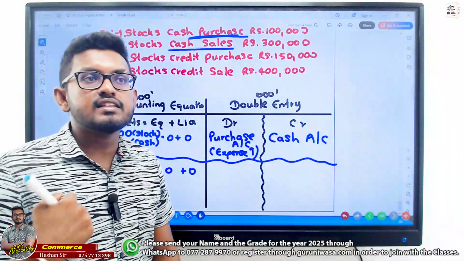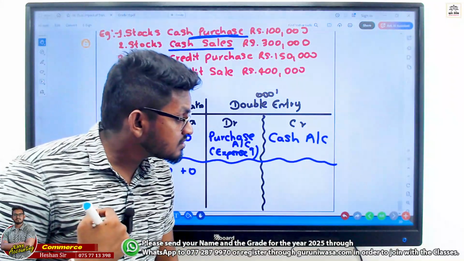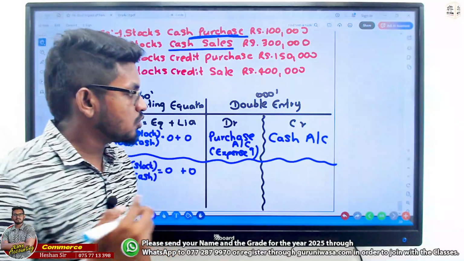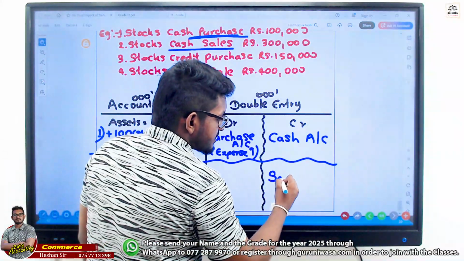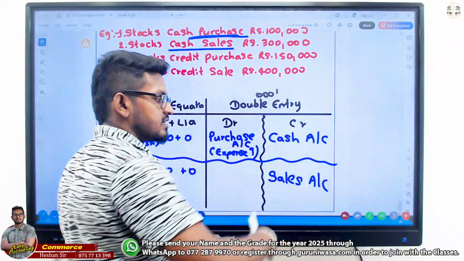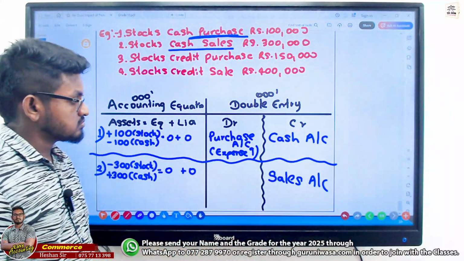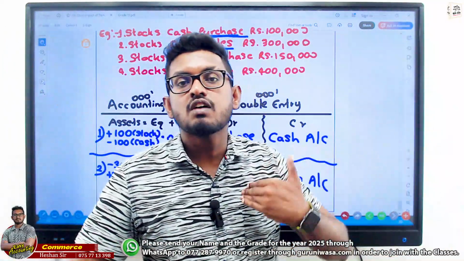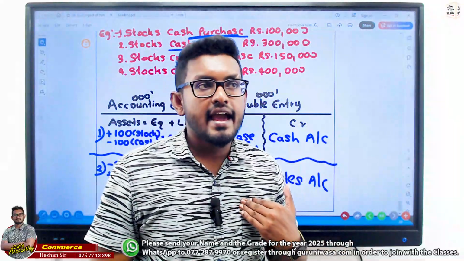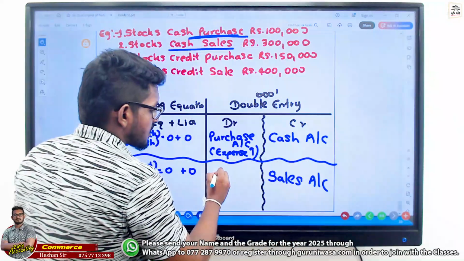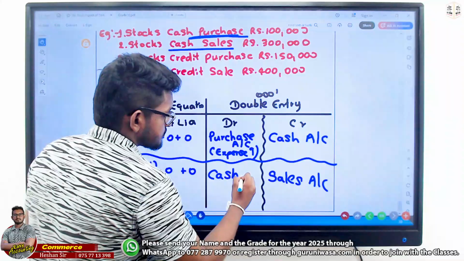Credit, I told you, increase is credit. So the sales account is the credit entry. What is the debit entry? When we sell stock on cash basis, what do we get, guys? Cash. So the cash account is the debit entry.